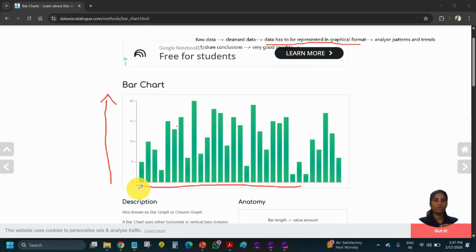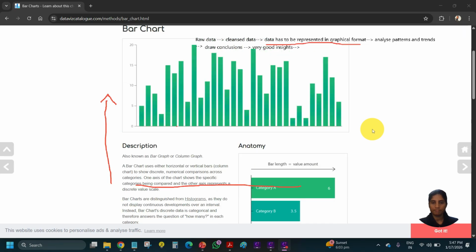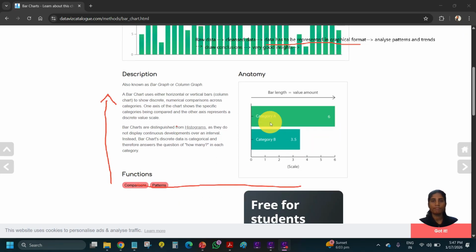For example, say I want to show the sales for category A and B. A bar graph can be represented both vertically as well as horizontally. Here there are two categories, and I want to see the sales for categories A and B for the year 2025.